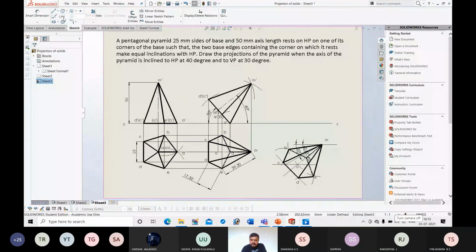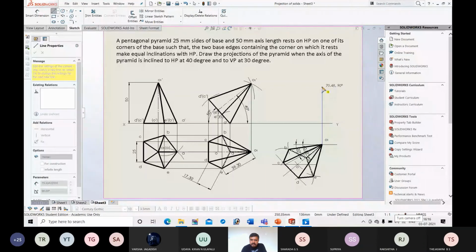First O1, so I am projecting from second front view and also third top view.